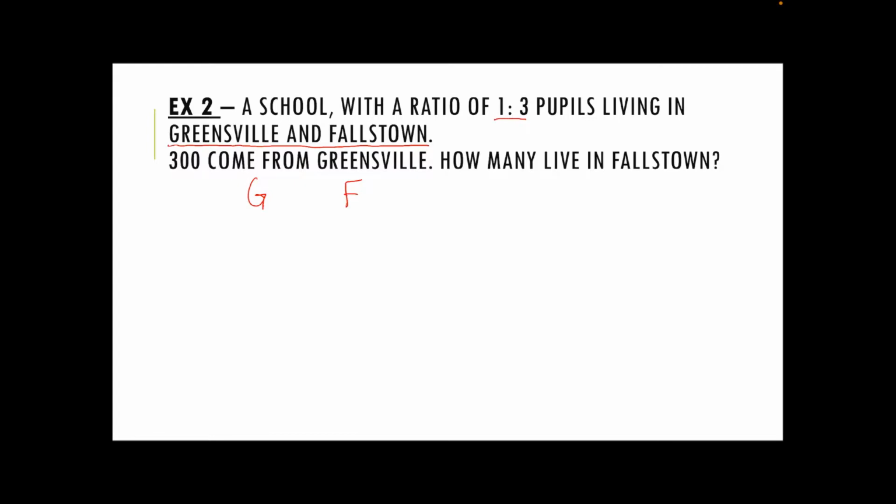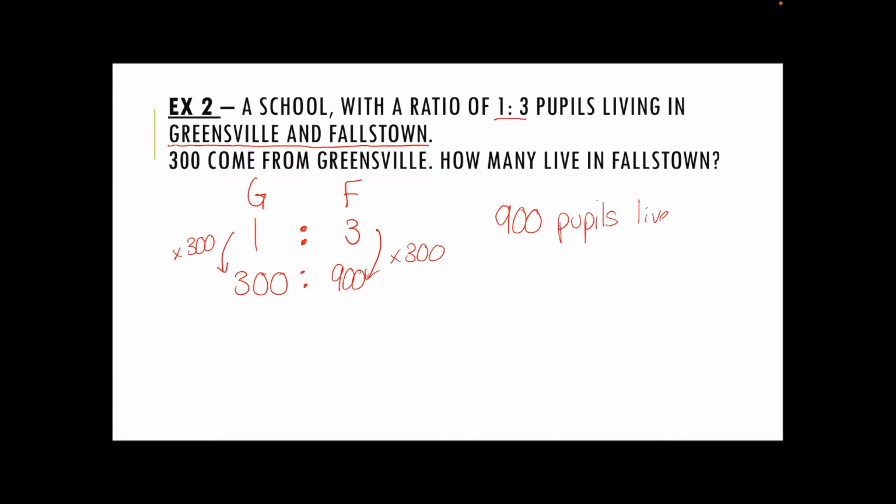So G first and then F, so 1 first and then 3. We're told that 300 come from Greensville, so I'm thinking, how have I got from 1 to 300? Well, we have multiplied by 300, and I'm going to multiply on the other side by 300 as well to give me 900. So 900 pupils live in Fallstown.